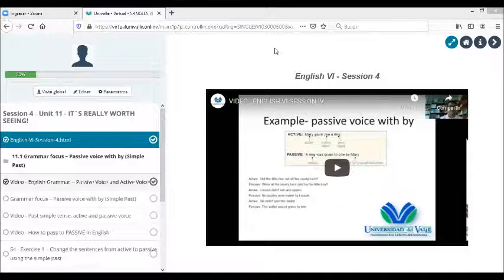Today we are going to be focused on grammar and we are going to be learning about passive voice with by using simple past.